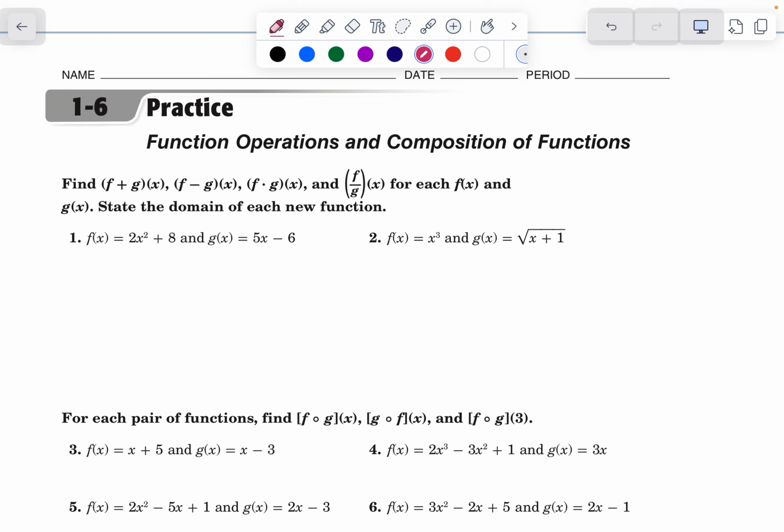Now, for function operations, we're not going to do all of these. So just whatever I do, you do. Feel free to skip if I skip. So let's just start out and let's do number 1. And let me open up the quiz and see what type of functions I put on the quiz, just so we're consistent.